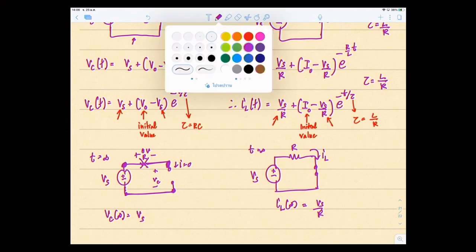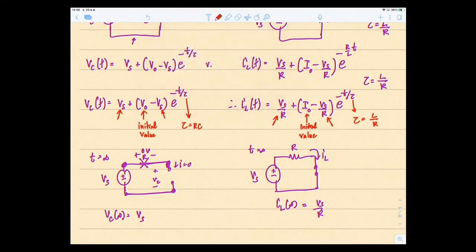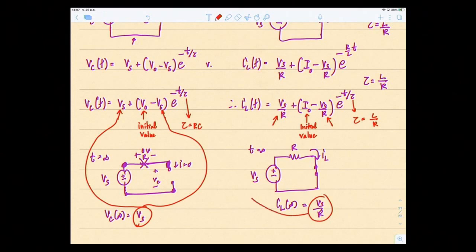So do you see this? Look, so nice. Vc at infinity is Vs, so it's right here and right here. IL at infinity is Vs over R. It's right here and right here. Do you see the pattern?